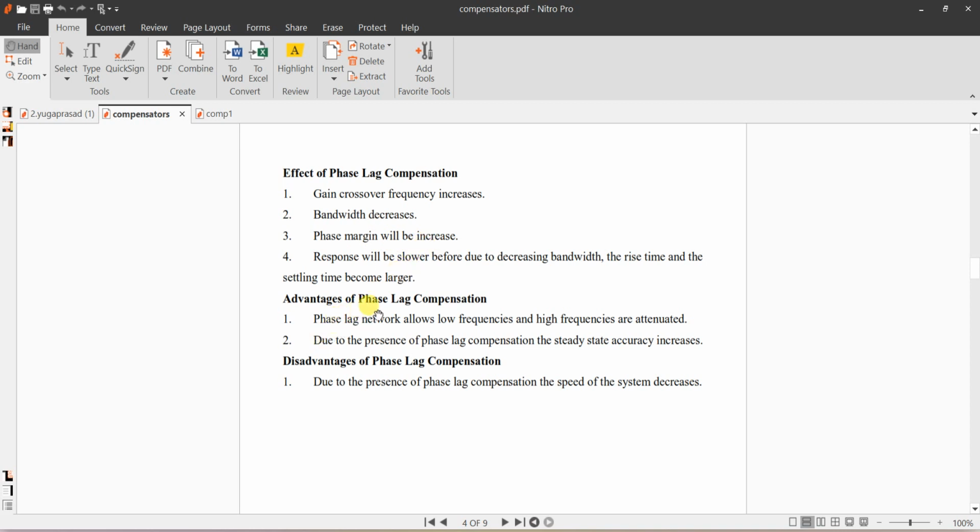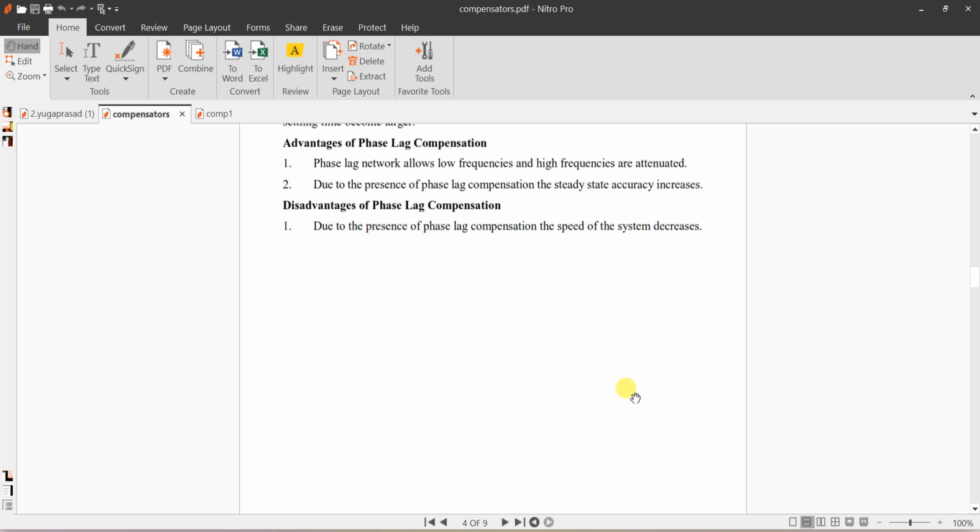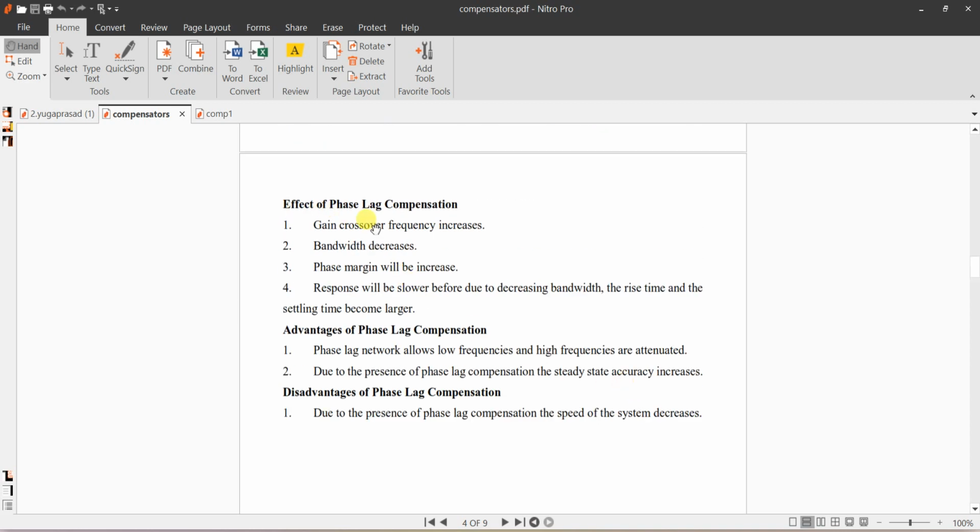An advantage of phase lag compensation is that the phase lag compensator allows low frequencies and high frequencies are attenuated. So that means it acts as a low pass filter. Due to the presence of phase lag compensation, steady state accuracy increases. The drawback of phase lag compensation is that the speed of the system is going to decrease. That is the effect of phase lag compensation.